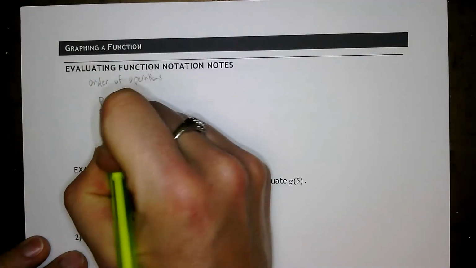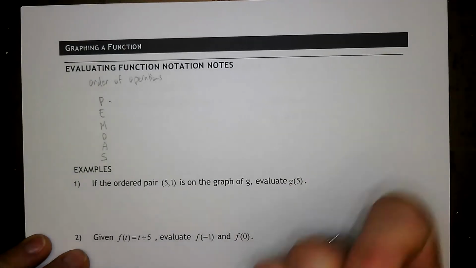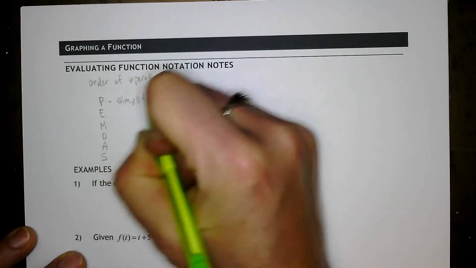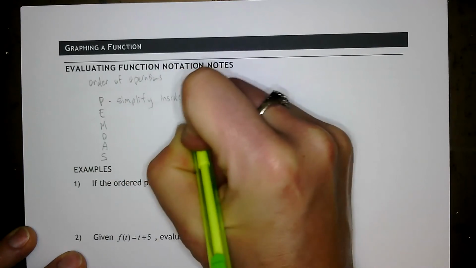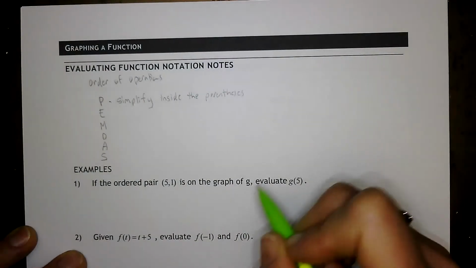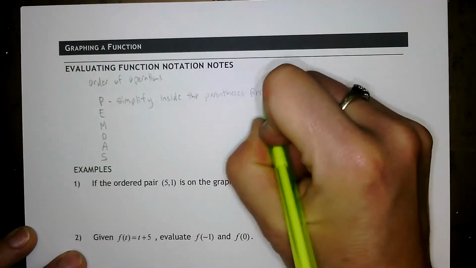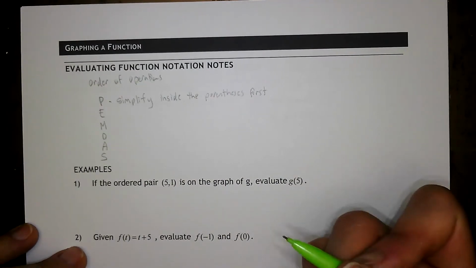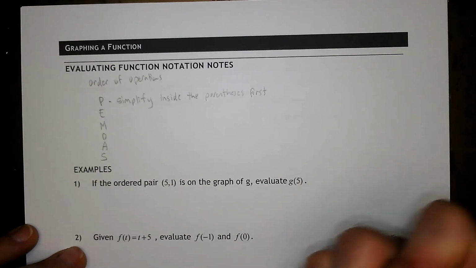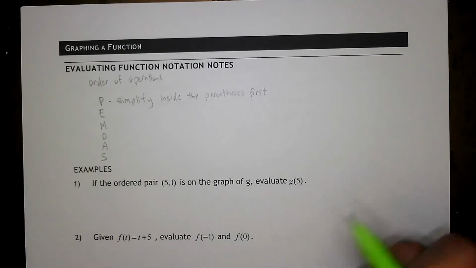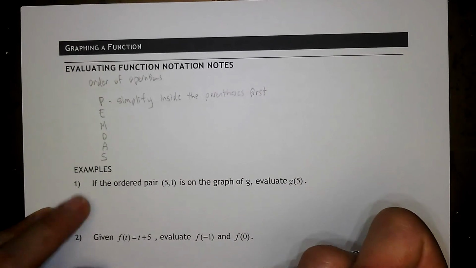In PEMDAS, we have to simplify inside the parentheses first. Inside of your parentheses, you also have to use your order of operations. So if you've got multiple operations inside of your parentheses, you have to use order of operations inside of your parentheses first and then continue outside of your parentheses.